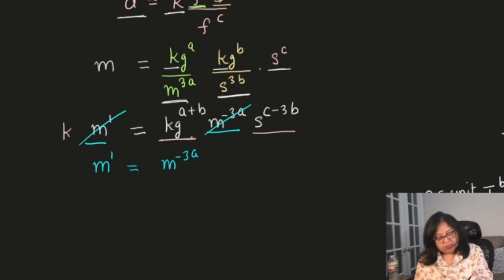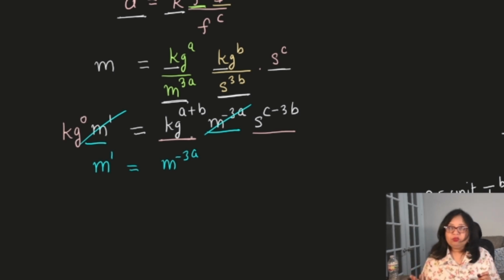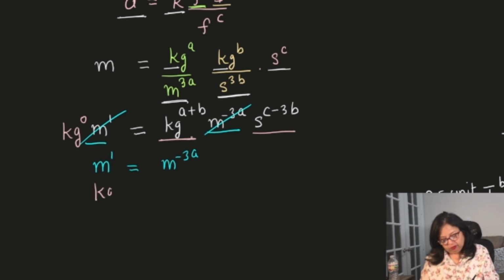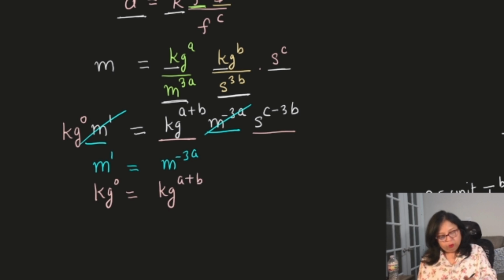So what do I do? I multiply left hand side by kilograms to the power 0. It's just 1. Anything raised to the power 0 is 1. So that gives me kilogram to the power 0 equals kilograms to the power A plus B. And same way, I still have the seconds to the power C minus 3B on the right hand side. So on the left hand side, multiply this by seconds to the power 0.